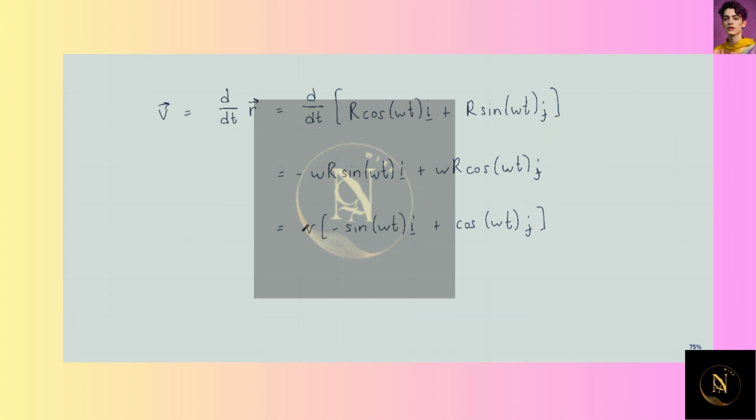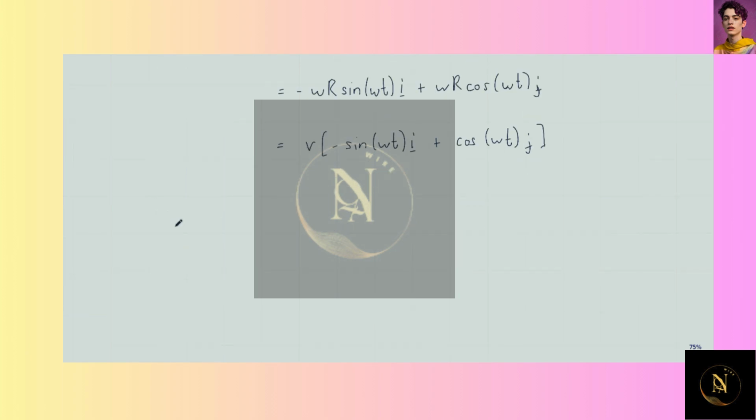So v here is the magnitude of the velocity, or the speed of the object in motion. Now from the right-hand rule, a counterclockwise rotation in the xy plane produces an angular velocity in the positive k direction. So therefore, the vector angular velocity omega is equal to v over r oriented in the k direction.